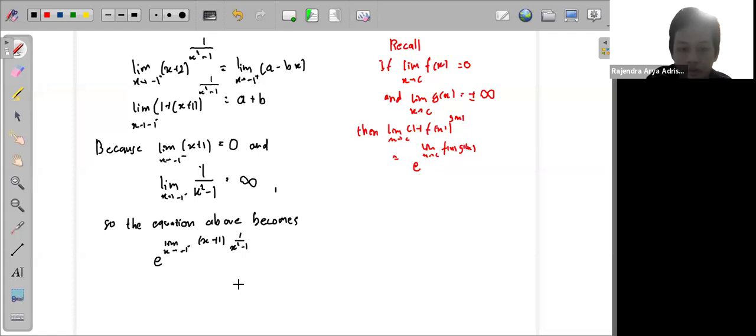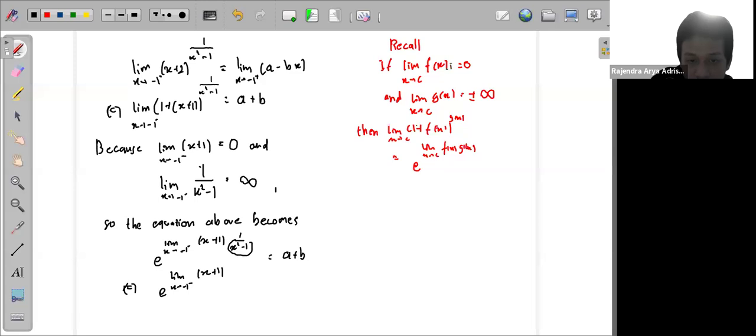Okay, and the right side is just a plus b as usual, and the one there we can further simplify this equation into the limit as x approaches -1 from the left of x plus 1.